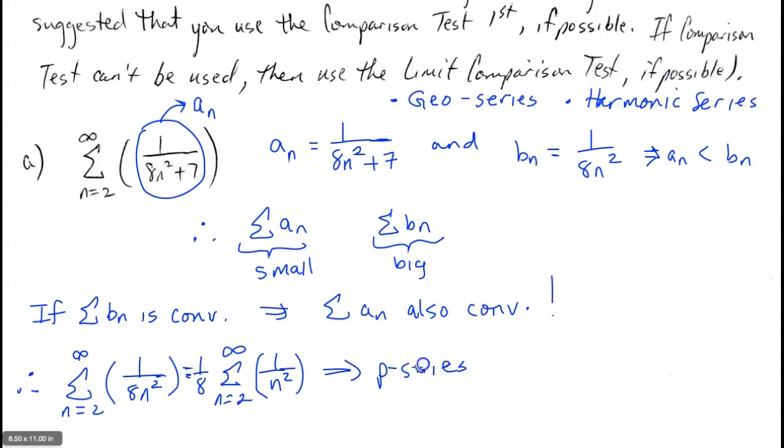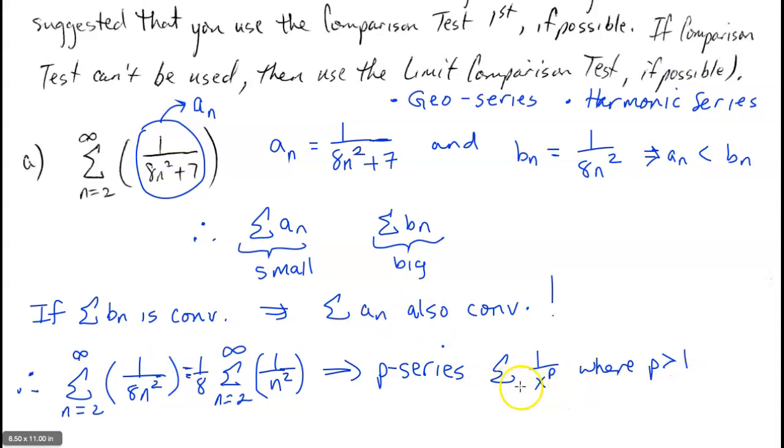Let's make that look a little better. So it's going to be a p series. I'm going to write out what that is. So we've got a p series, which looks something like this, where p in this case is greater than 1, okay?